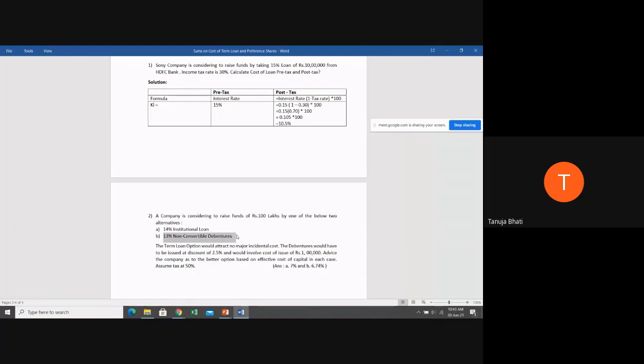As you all rightly said, it is irredeemable debentures. Now, whether it is a post-tax or pre-tax formula? Post-tax. That also is correctly answered by all.